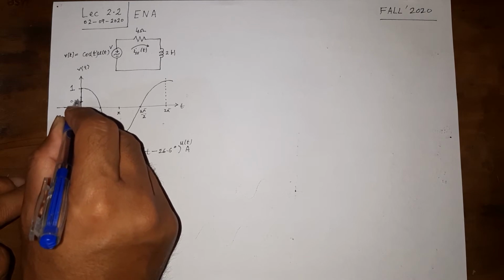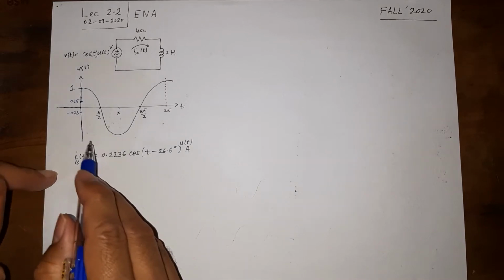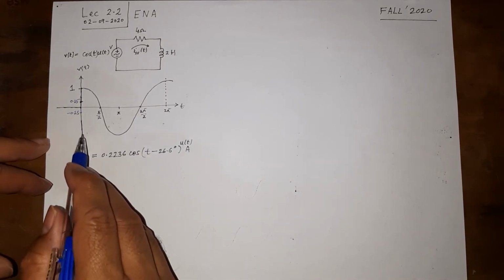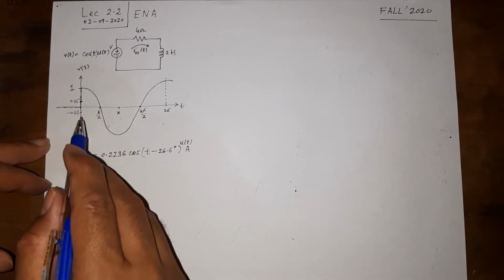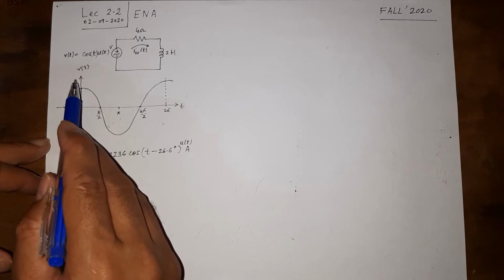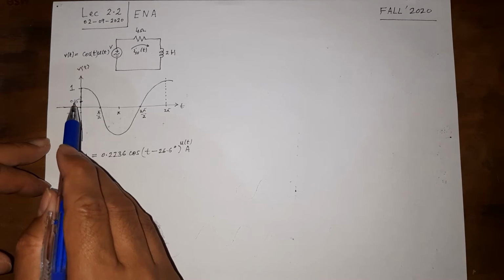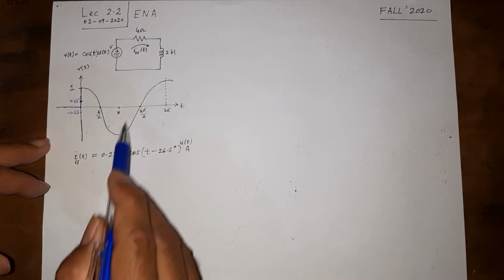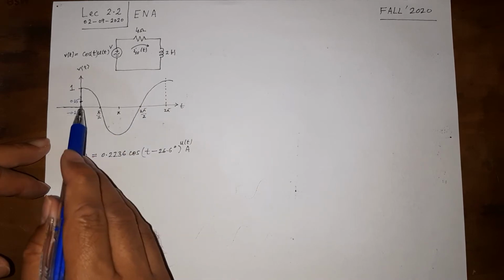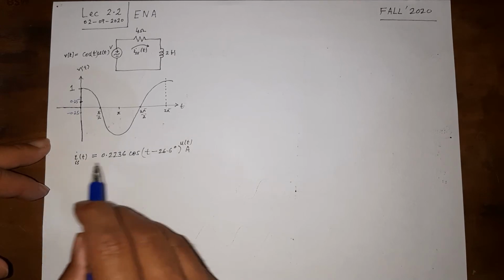Although I would like to draw a bigger graph and not such a small amplitude one, because it would not be that clear. But I will explain later that when we are trying to plot two different quantities on the same graph, we can have different scales. So we can draw this larger and say that the scale for current is different. Anyway, let us stick to the same scale for now.